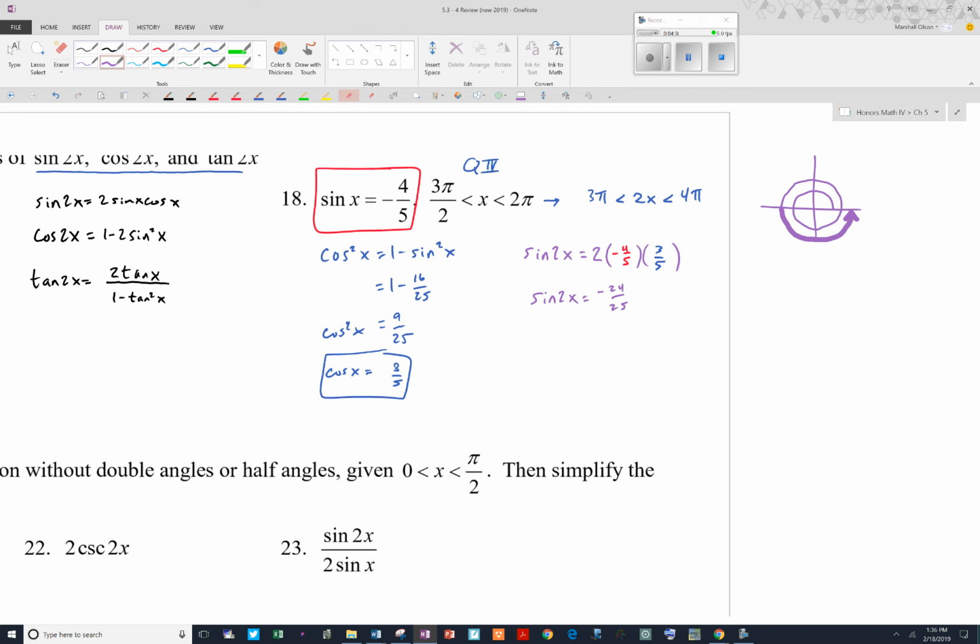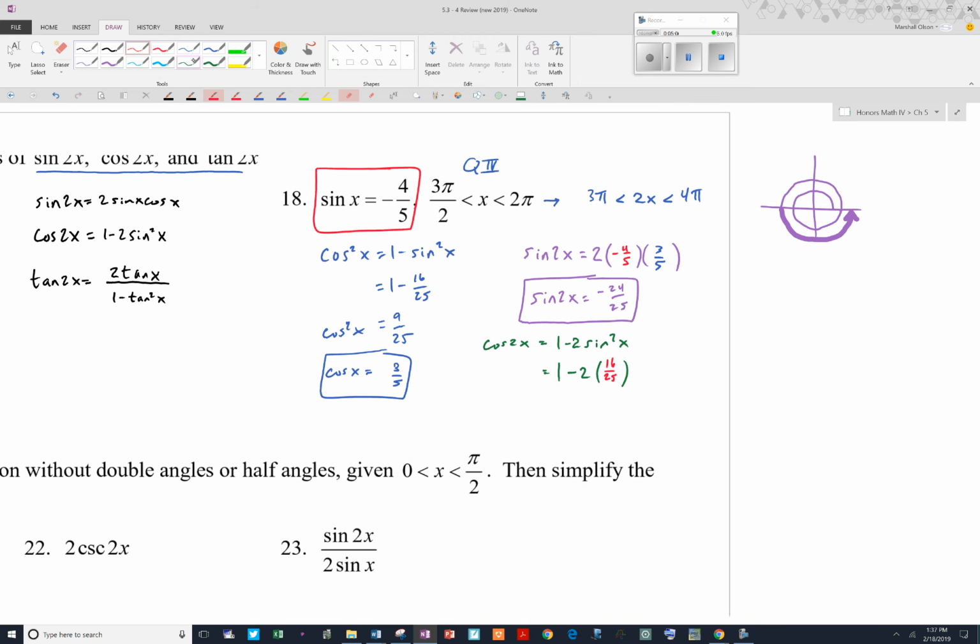All right, now let's find our cosine of 2x. And I'm just going to use 1 minus 2 sine squared. So 1 minus 2. All right, now remember using sine squared, which would be that negative 4/5 squared to give me that 16/25 again.